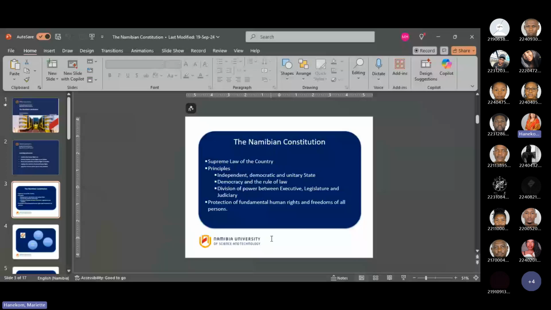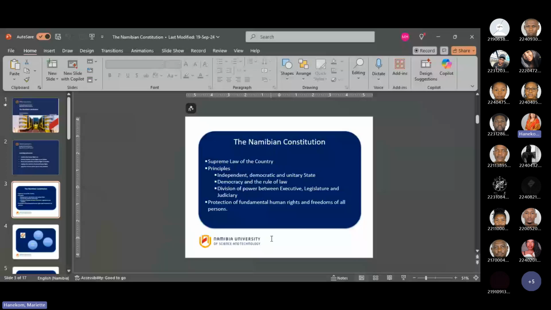And the most important law that we have in Namibia is the Namibian Constitution. The Namibian Constitution is essentially the document that sets out how Namibia is to function as an independent country, how the government works.